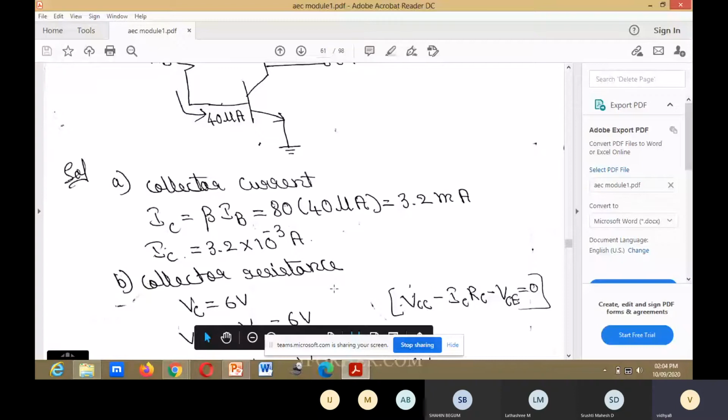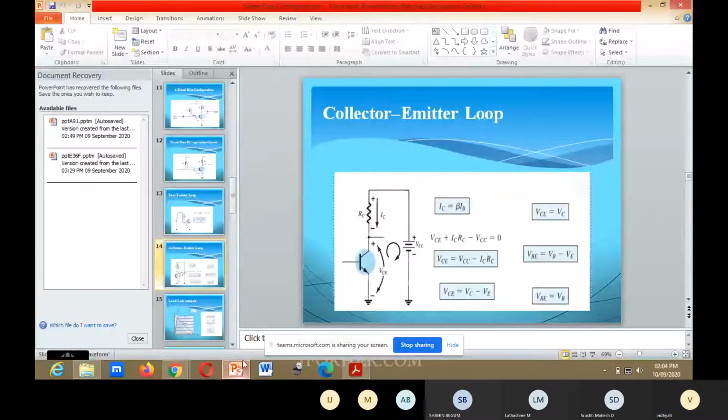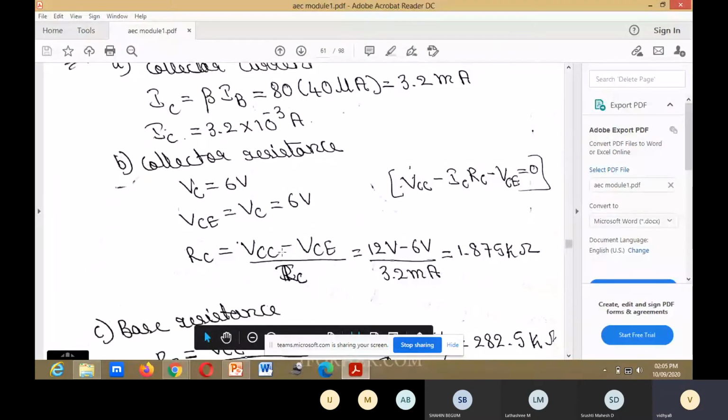Next, collector resistance RC. How to find out RC? From this equation, the collector to emitter loop, we write this equation. Take out RC. RC is equal to VCC minus VCE divided by IC. We know the value of IC.